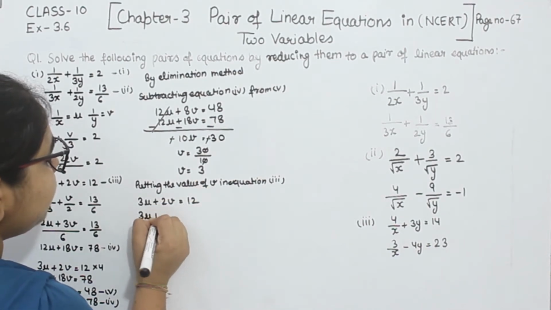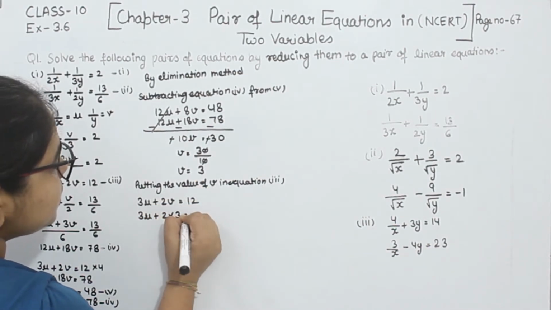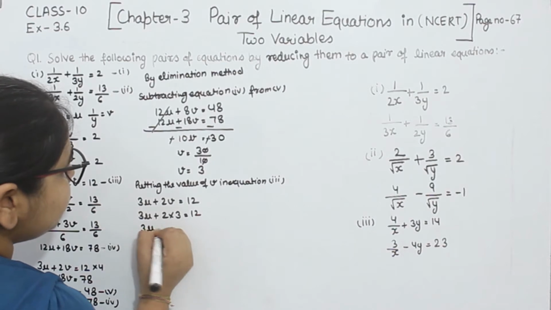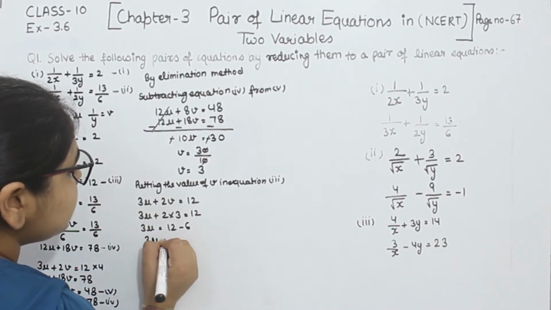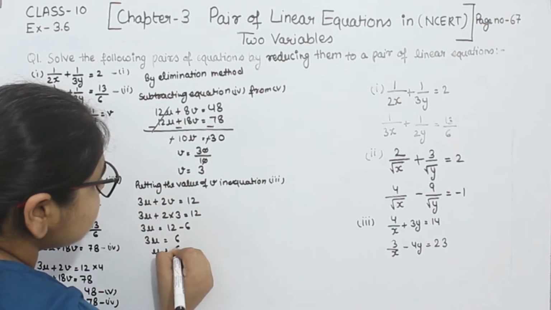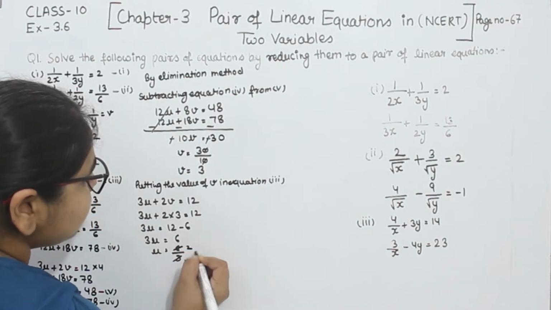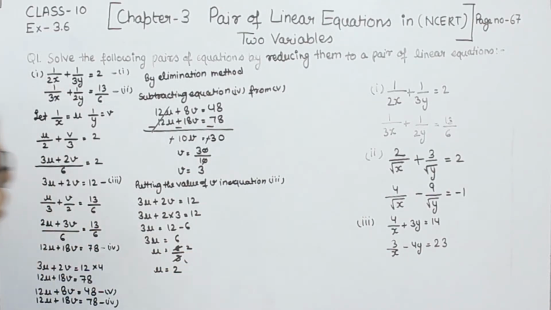So 3u plus 2 multiplied by 3 is equal to 12. 3u is equal to 12 minus 6. Now 3u is equal to 6. u is equal to 6 divided by 3. 3 ones are 3, 3 twos are 6. The value of u we are having is 2 and the value of v is 3. Now we have to find the value of x and y.